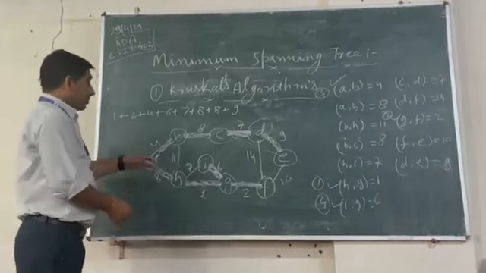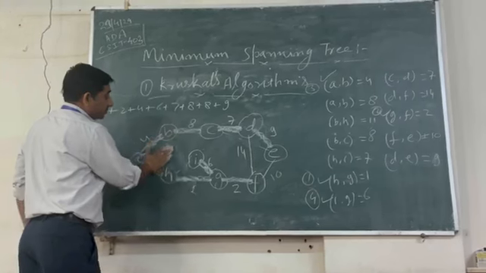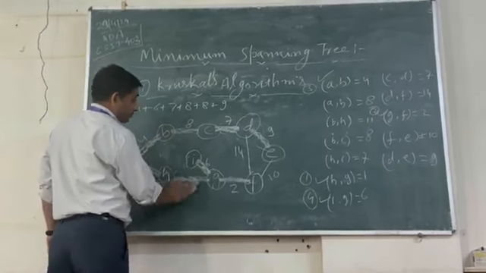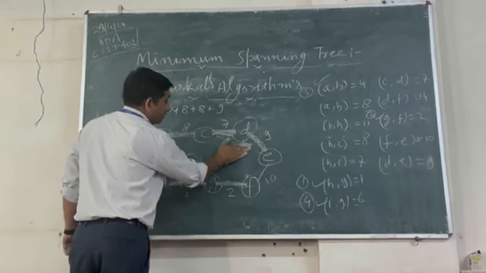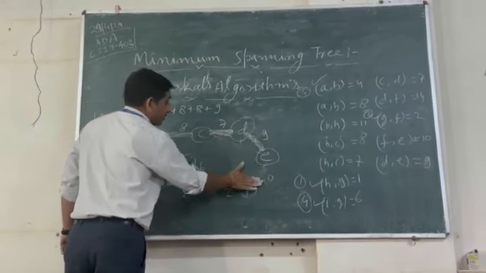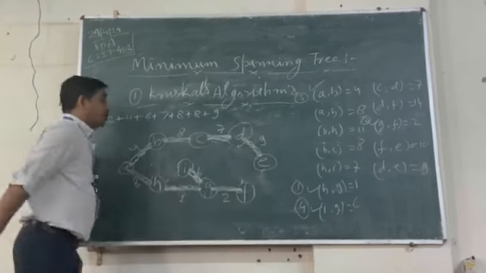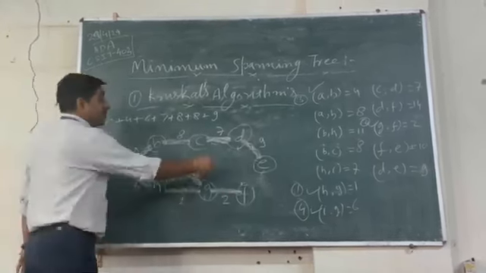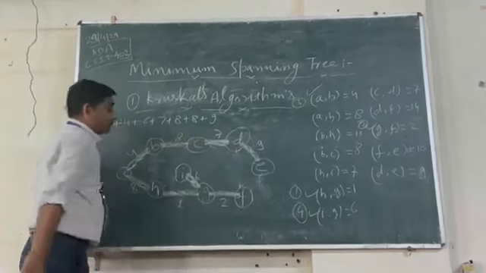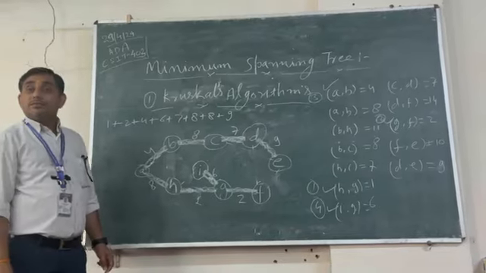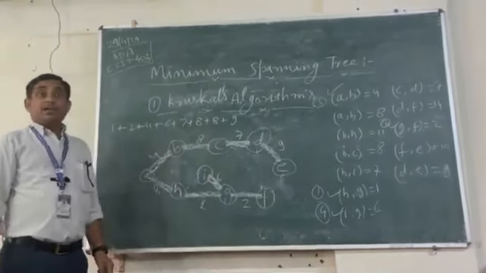And how many edges are required here? How many edges are here? 1, 2, 3, 4, 5, 6, 7, 8. 8 edges. And how many vertices are here? 9.